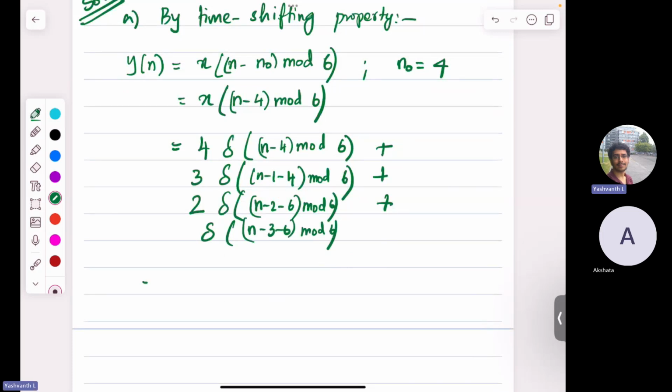This is 4 delta of n minus 4 plus 3 delta of n minus 5 plus 2 delta of n plus delta of n minus 1. Why?